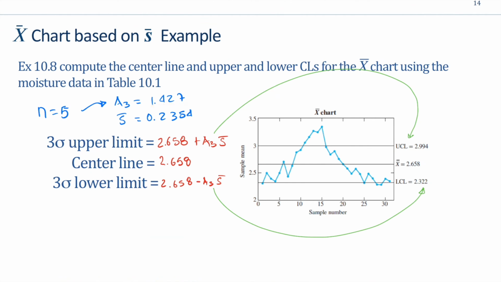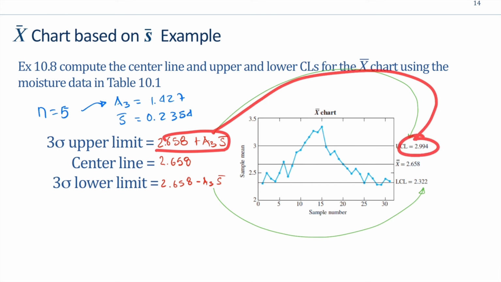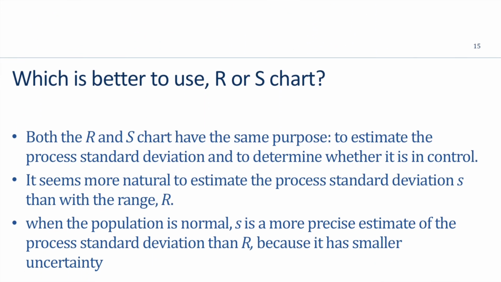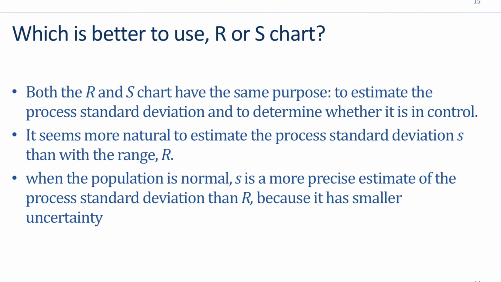So we can compute the limits. So this is the value corresponding to the upper control limit. For the lower control limit it is just the same but with a negative, so this is the value resulting from this calculation. So which one is better to use, R or S?